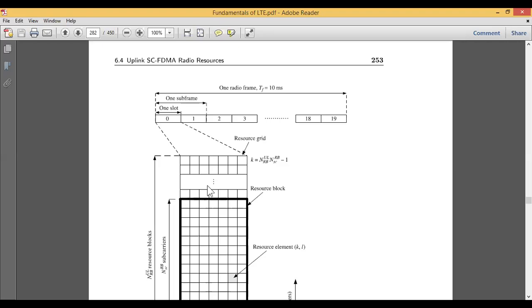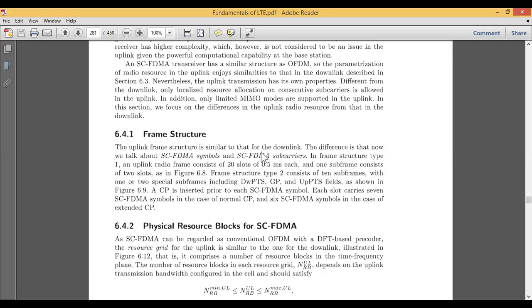For slot 1 again this block, for 2 again this block, for 3 again this block, and it goes on. Why have they taken only 19? Because earlier they mentioned 20 slots, and here you can see there are 20 slots.